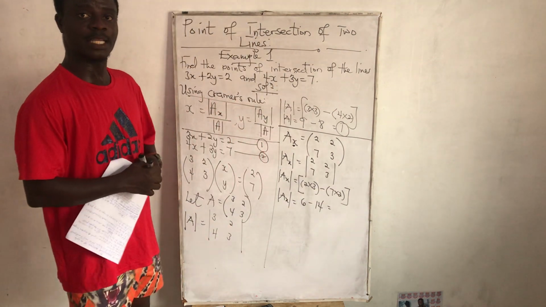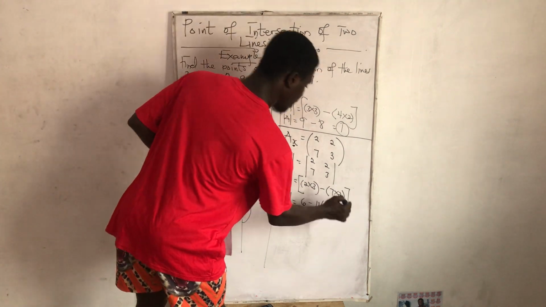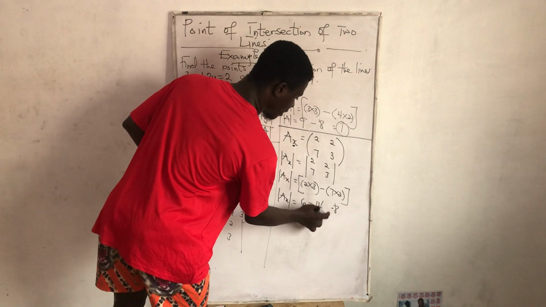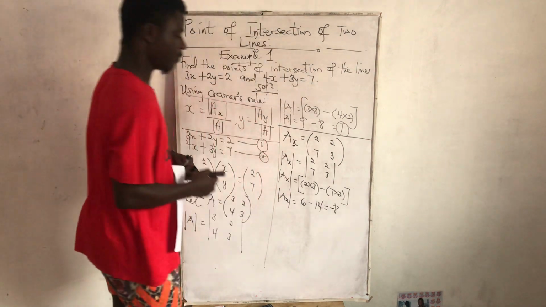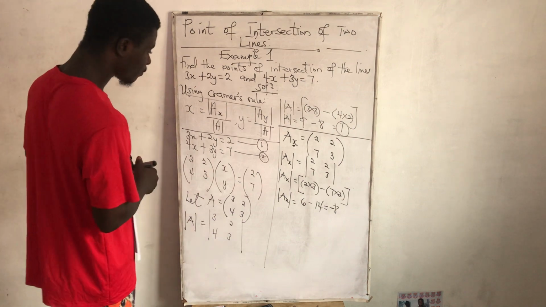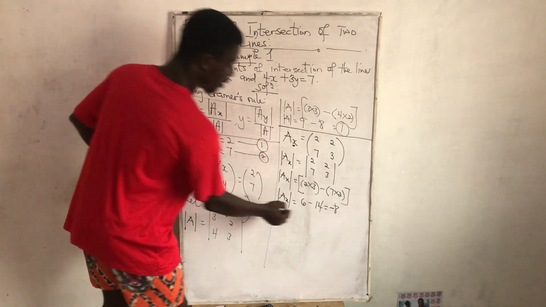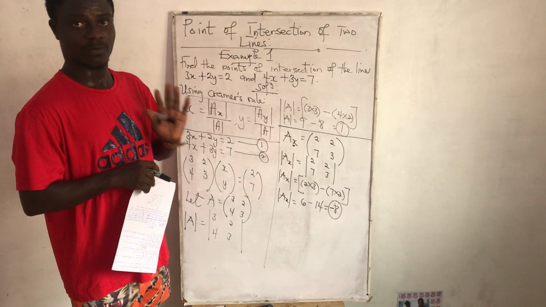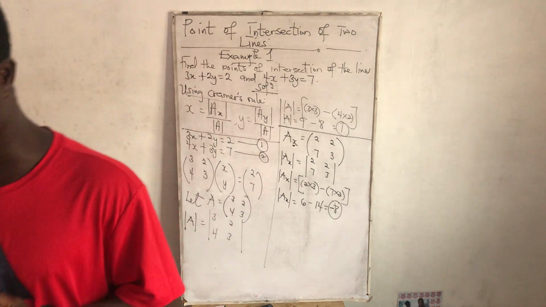So we have 6 minus 14, which gives us negative 8. That's negative 8. So this is our determinant of AX. Kindly watch it carefully.